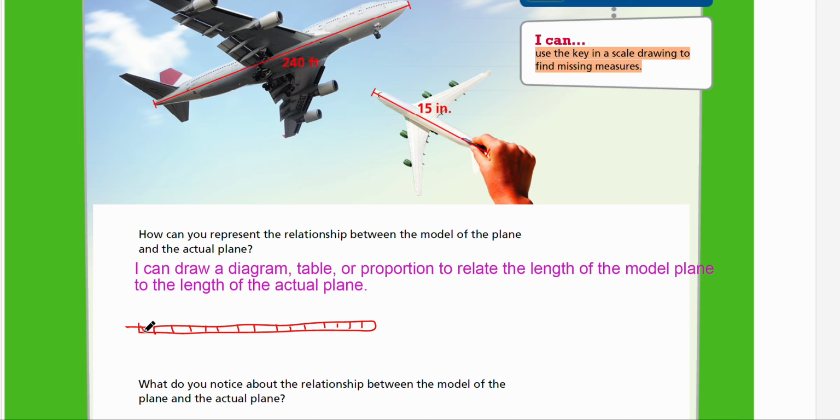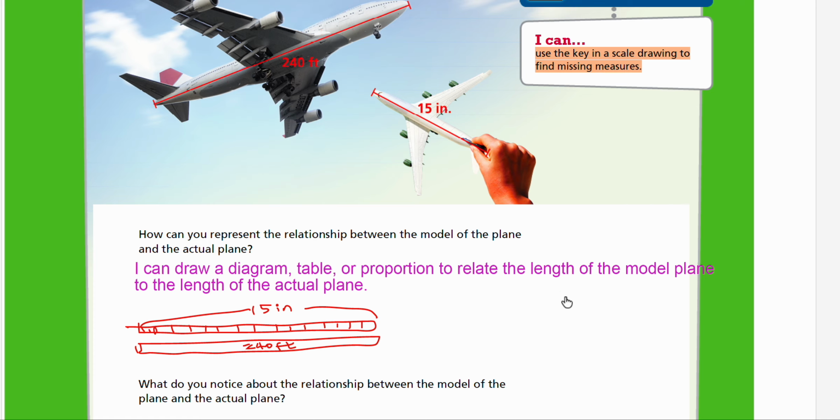If this is 1 inch per box, we can say that this is 15 inches, but there is a length that is proportional to 15 inches, which is 240 feet. We're not saying 240 feet is equal to 15 inches. We're saying they're proportional. So 1 inch would represent some other number of feet.